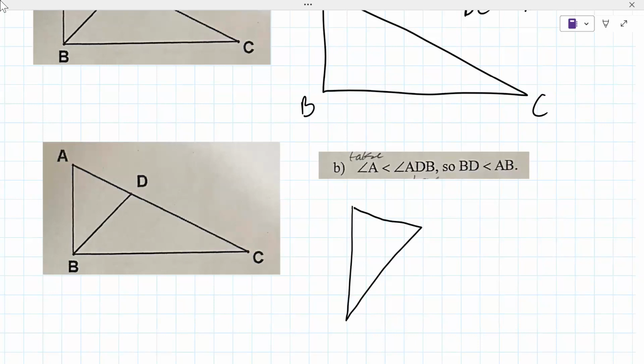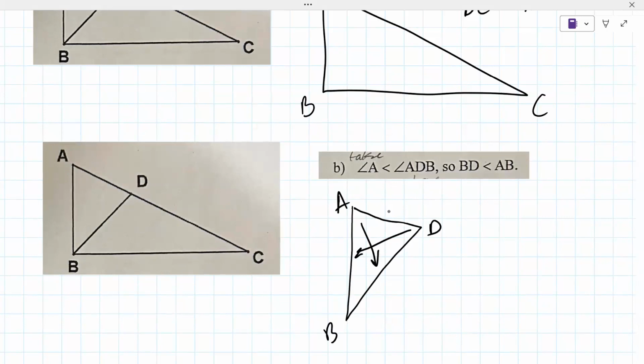Your answers might be right, but let's do it the way they want in the book. Angle A is up here. That's part of the big triangle, and it's part of the little triangle, A to D to B. So we know it's the little triangle here. Sometimes it's good to draw the arrows so you know which one it is.